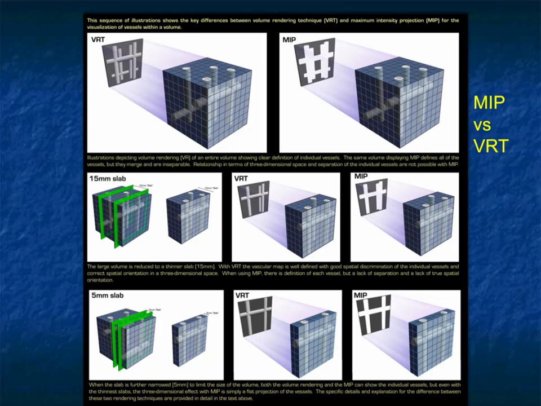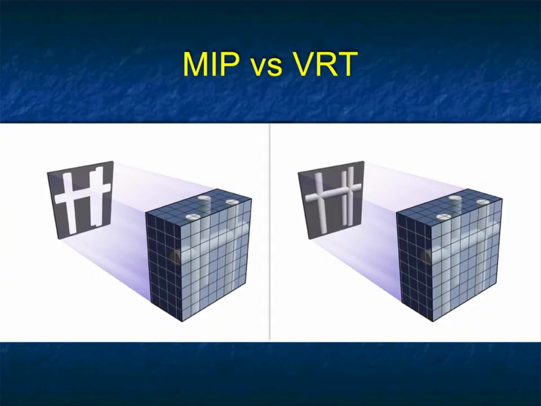And this is a chart from an article we wrote which explains it very nicely. And here's MIP versus VRT. You can see there's a form, a skeleton inside this mass of this house, basically. You can see with the MIP, you have three structures all kind of overlapping. With the volume rendering, they're separate, and the relationship matches the original data.